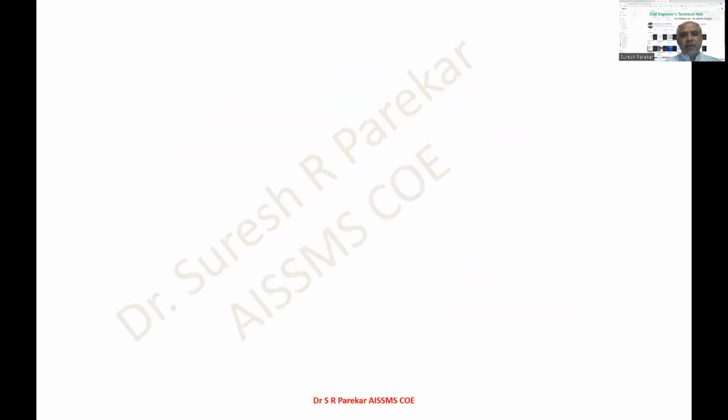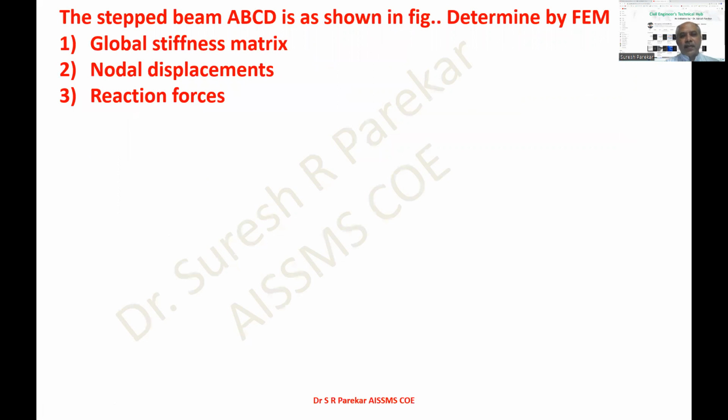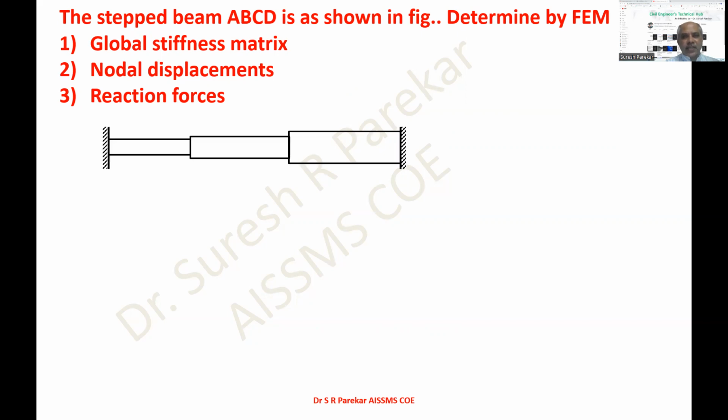Now we will go with the first problem, that is, the stepped bar ABCD is as shown in the figure. Determine by FEM the global stiffness matrix, nodal displacements, and reaction forces.